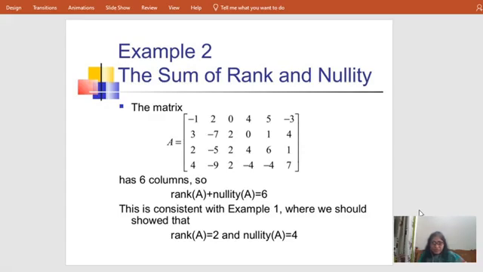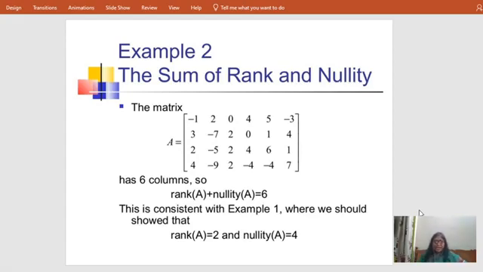We got for the same problem a null space whose basis consists of 4 elements. Therefore, nullity of A, the dimension of the null space, is equal to 4. Thus, rank of A is equal to 2 and nullity of A is equal to 4.